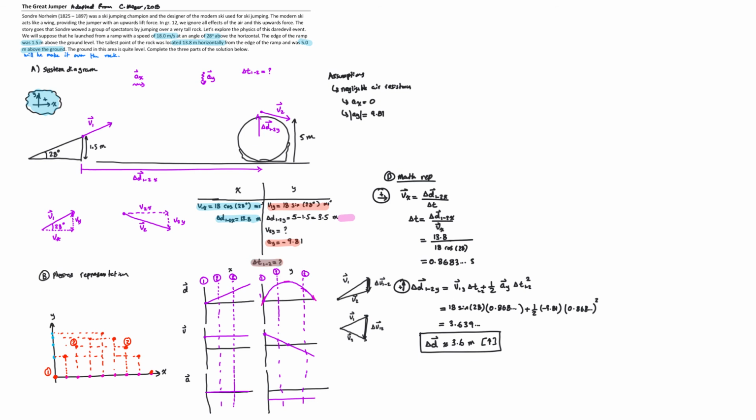We can do a little bit more calculation to figure out whether it's this position or this position exactly, but it's not of huge importance at this point. The fact that we have this value tells us that he will be above the rock at this time.